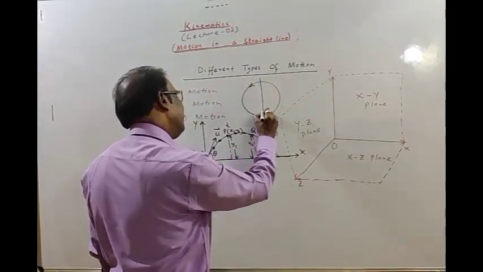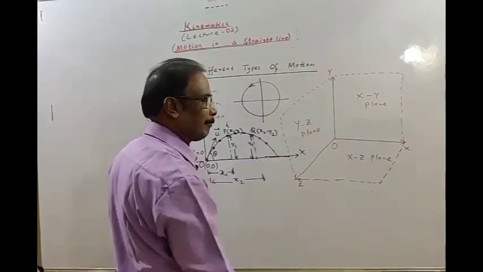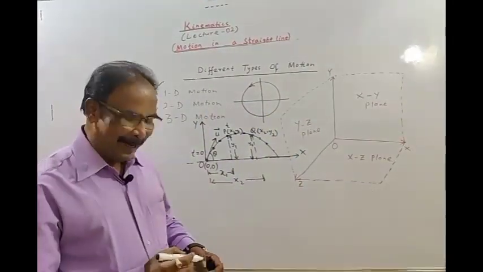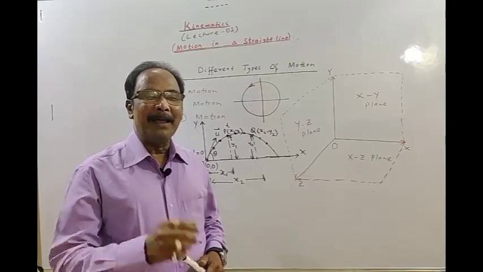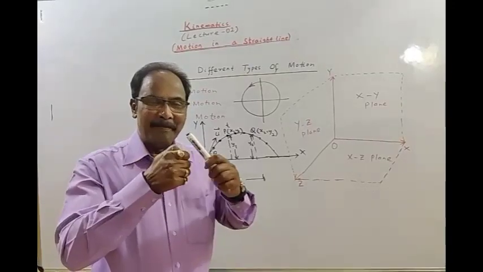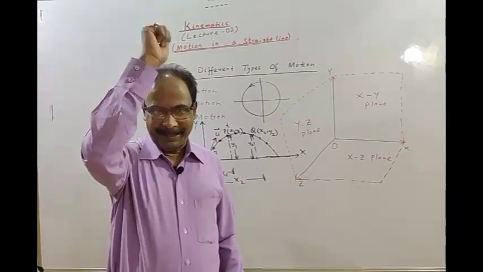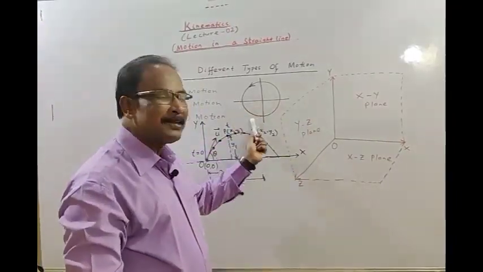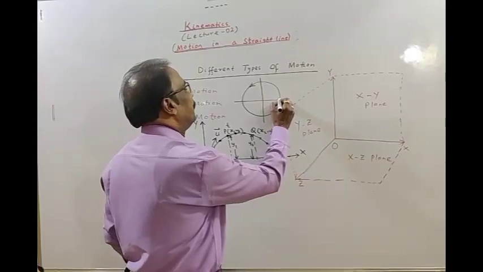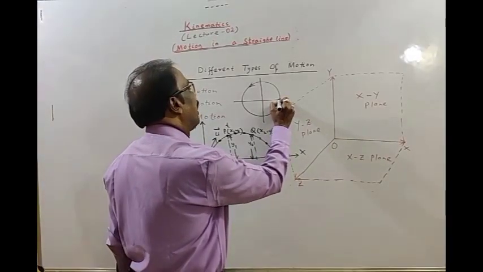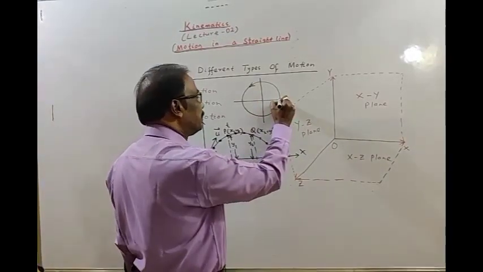Suppose a body is moving along a circular path. You have done it: if you tie a stone with a thread and whirl it in a horizontal circle like this, then the body will move along a circular path. Let's say we start revolving it from this point.